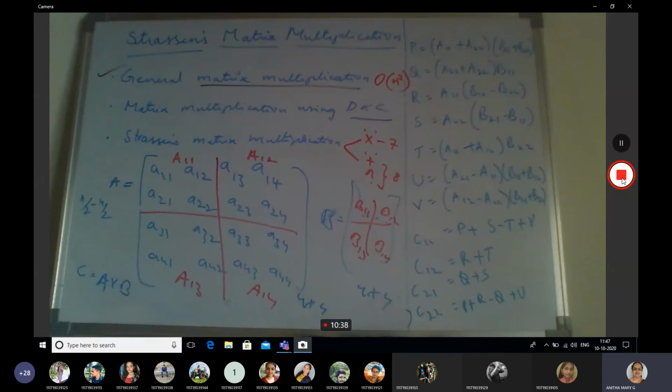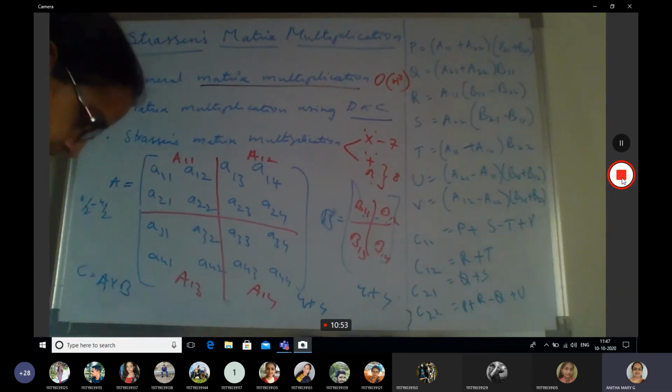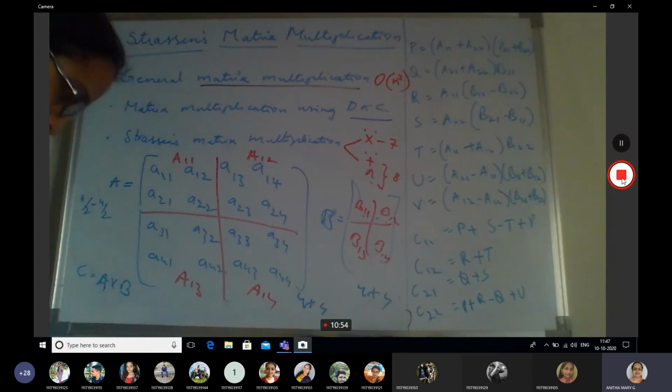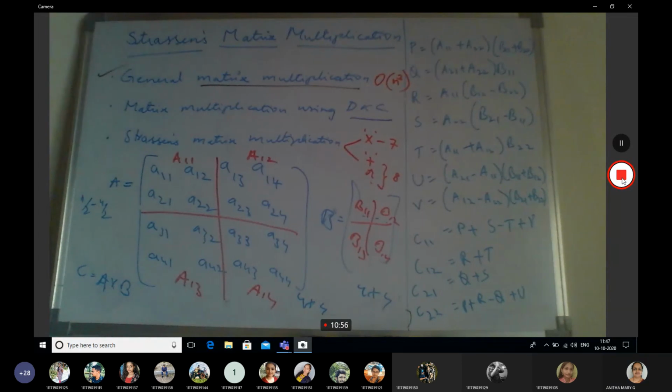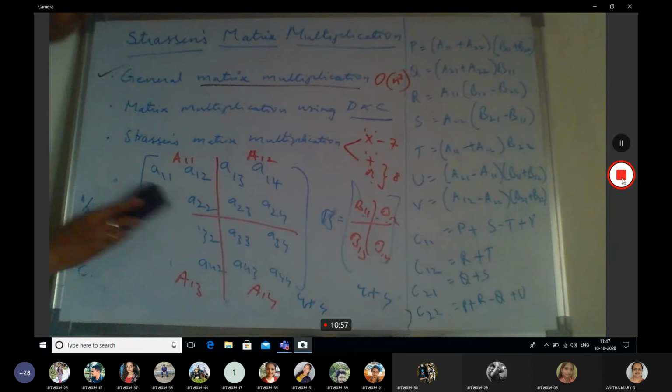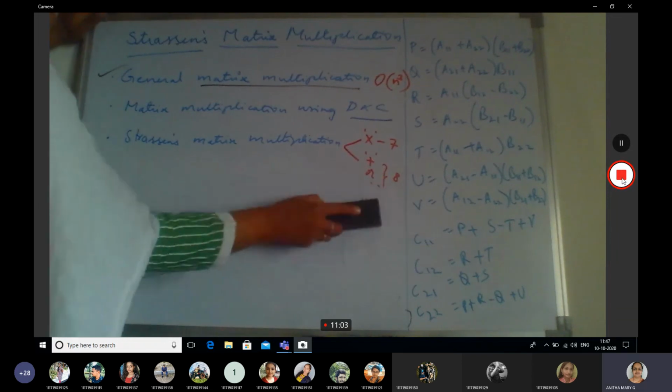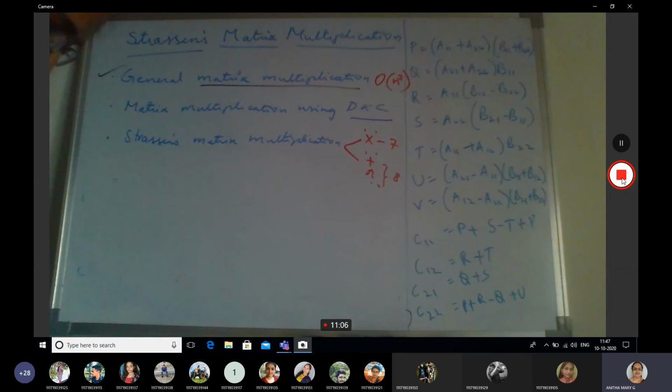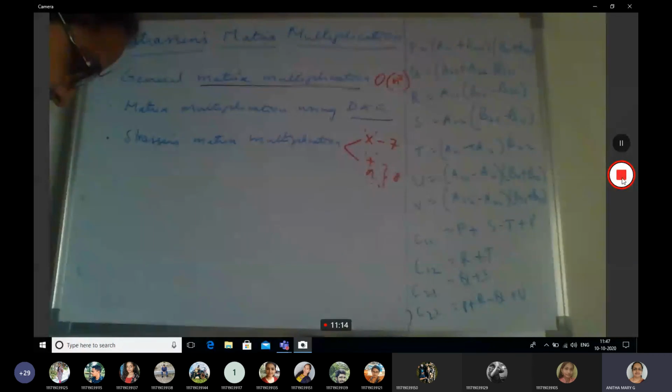Though these concepts are not given in the textbook, I'll just tell you the rough algorithm of this one. If we need to write an algorithm for matrix multiplication using the divide and conquer approach, how do we write it?